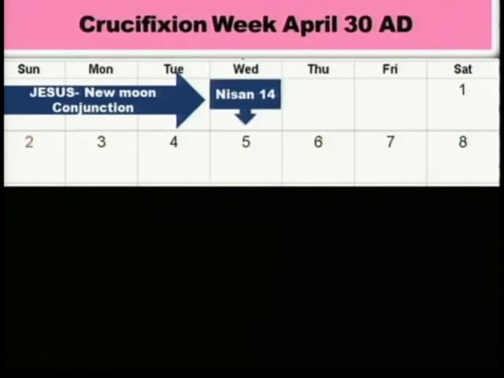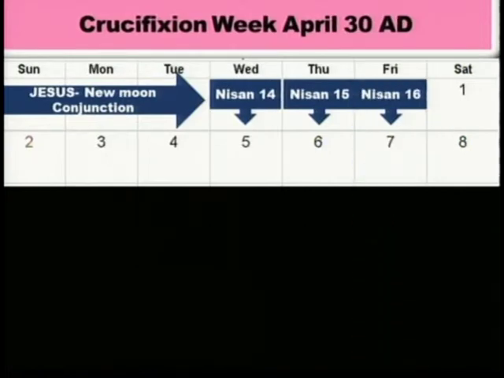So Wednesday, April 5th, becomes Nisan 14, 14 days later from our Nisan 1. Thursday, the 6th of April, becomes Nisan 15. And Friday becomes Nisan 16 on April the 7th.